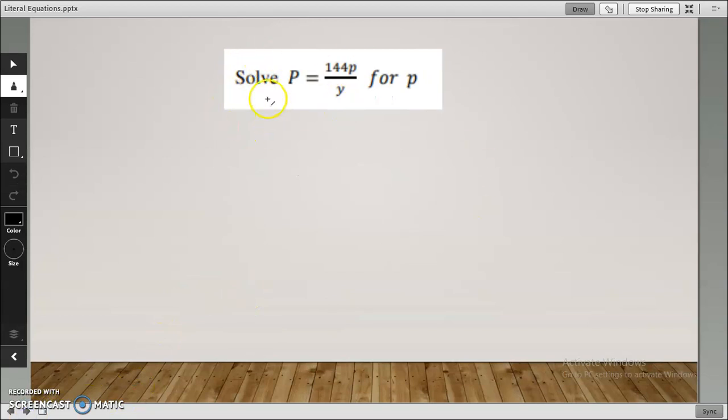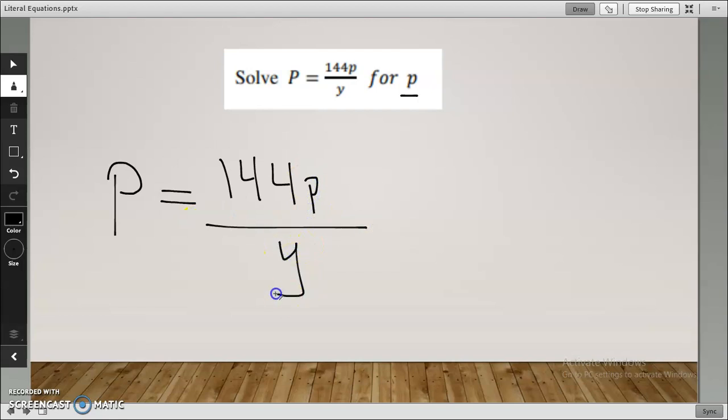All right, the next one, it says solve P equals 144 lowercase p divided by y, and I want to solve for lowercase p. So if you recall, in a previous video, I told you that whenever you have this division bar like this, there is invisible parentheses up here.